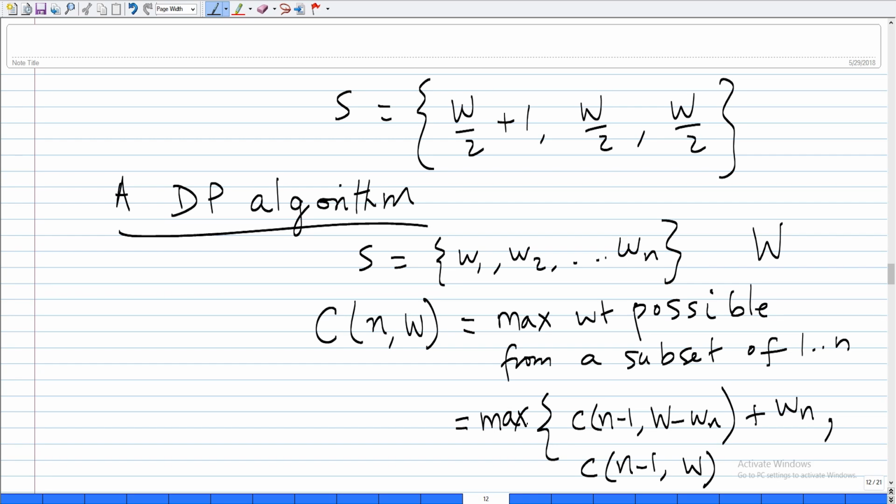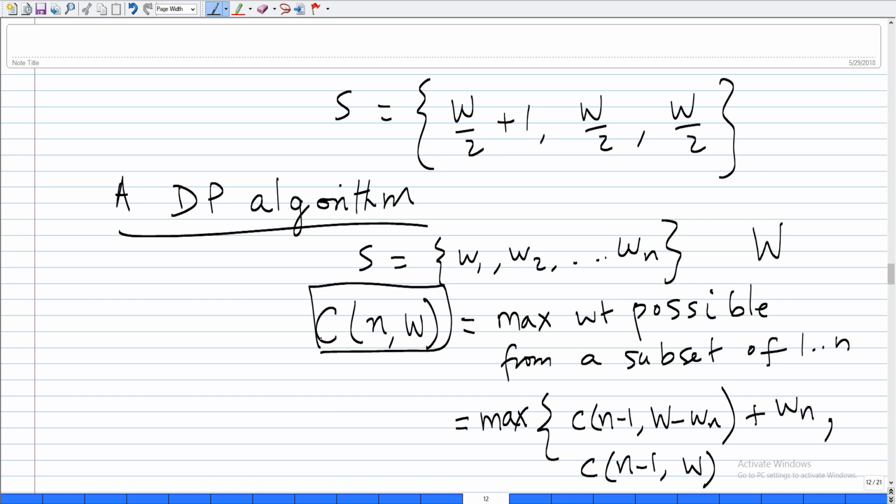So now what are the subproblems we are going to compute? These are the subproblems for different values of n and different values of W, right? We go slowly from small values of W, small values of n. The base case would be like C1W or something, right? If your first object has capacity W, then that is the best one.